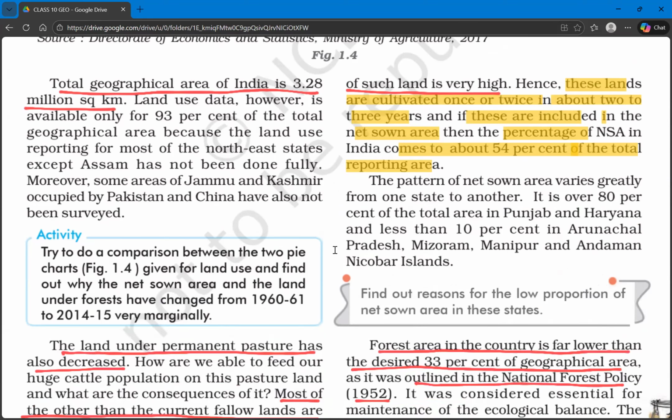So other than current fallow lands, which have been uncultivated for between 1 and 5 years, are not used either because of poor quality or because the cost of the crop will be high. So these are sown only once or twice in about 2 to 3 years. And if they are included, the percentage of net sown area in India will come up to 54%.